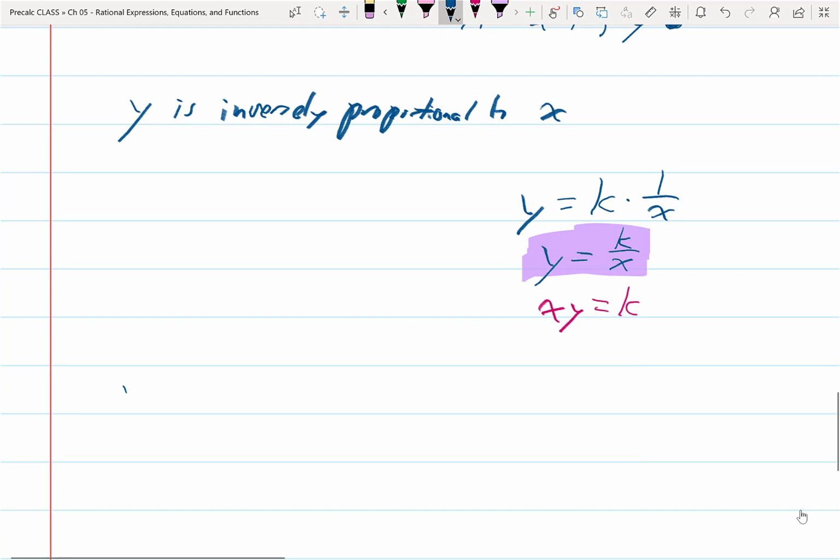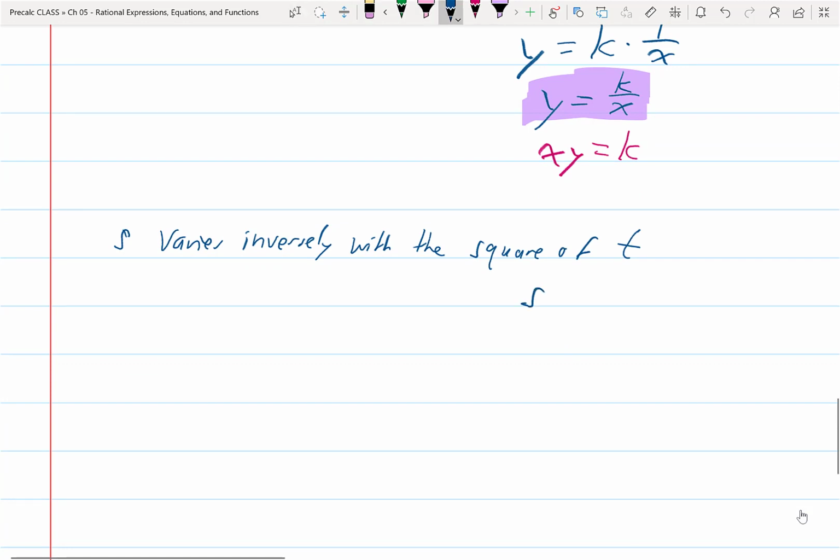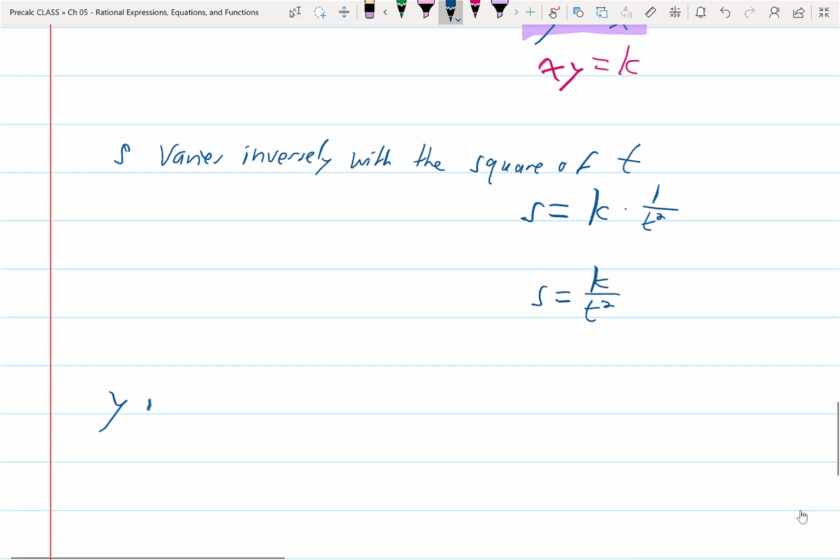So things that we can also say are things like s varies inversely with the square of t, which means that s is equal to k times 1 over t squared, or s is equal to k over t squared. I could say y is inversely proportional to x to the 4th.